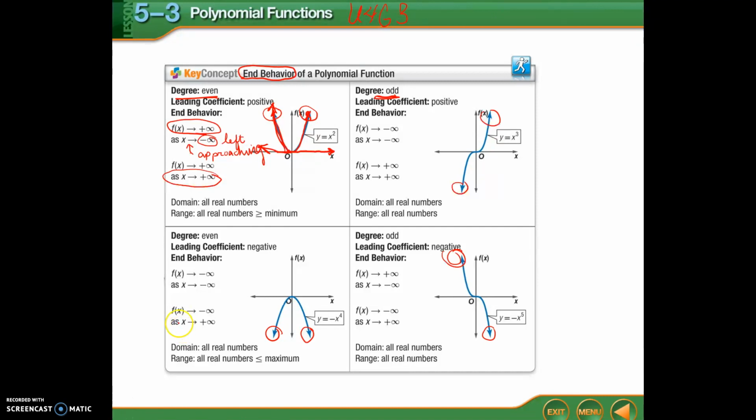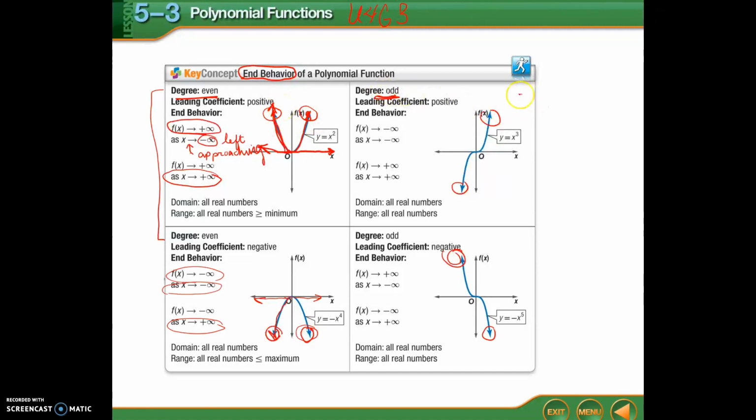If we look down here, as x goes to negative infinity, heading in the left direction on the x-axis, my graph is going down to negative infinity. As x goes to positive infinity, heading in the right direction, my graph is again going down. So notice when the degrees are even, the graphs start and end in the same spot.